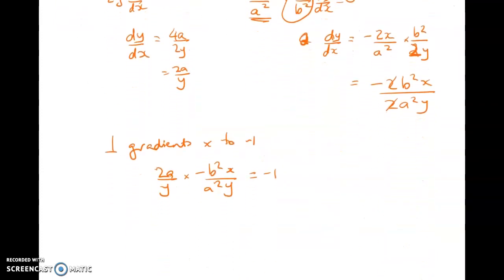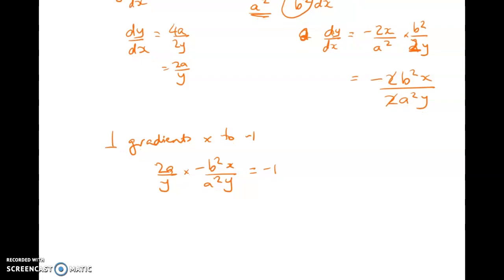So b squared equals 2a squared. In here, what am I going to do next? Negative 2ab squared x is equal to negative a squared y squared. And I'm going to divide both sides through by the negative 1, so that can go away.